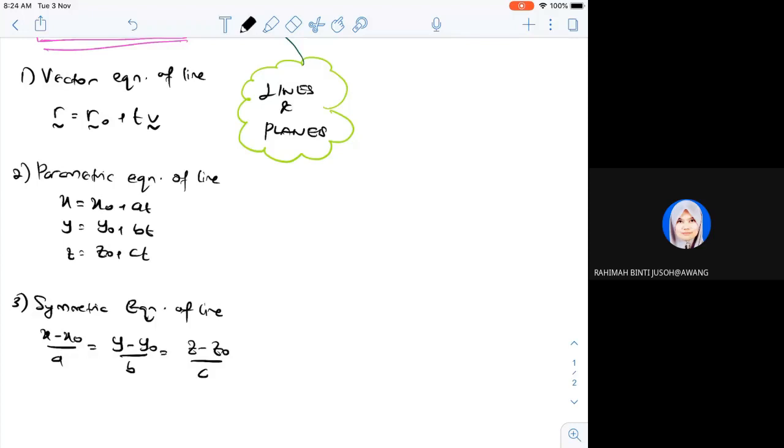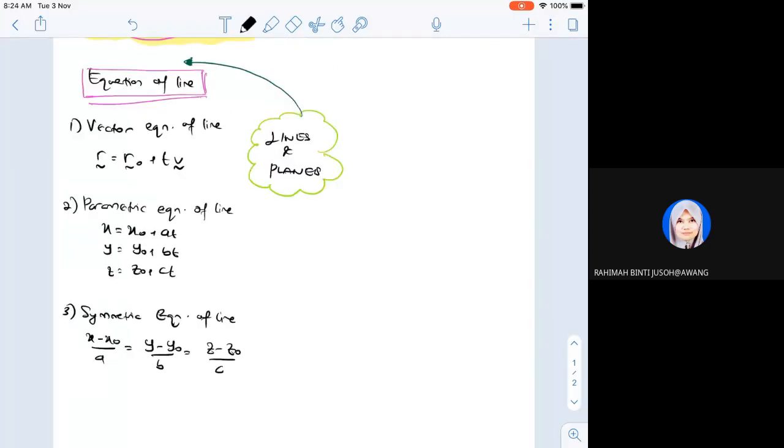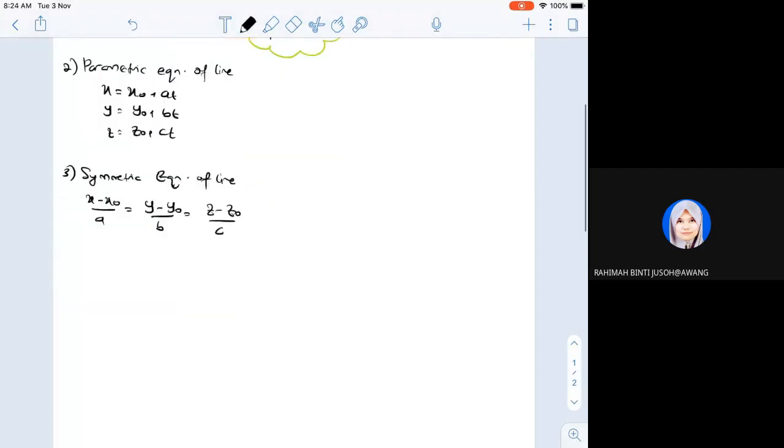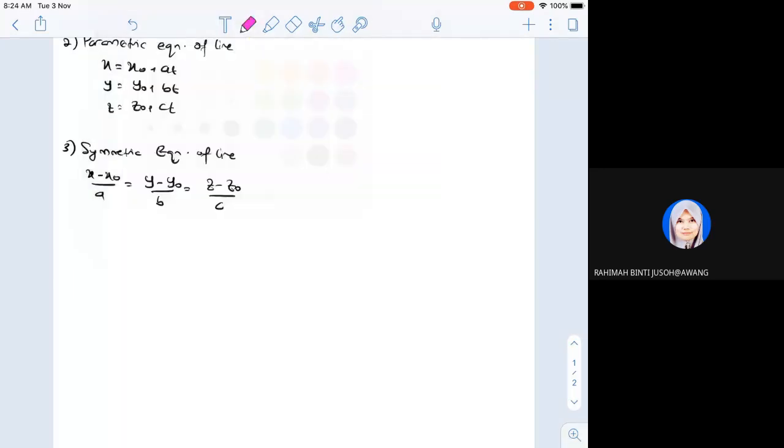So from these three equations, actually you need two things in order to form the equations of line. Number one, you need to have a point P naught, where the coordinate is x naught, y naught, and z naught.